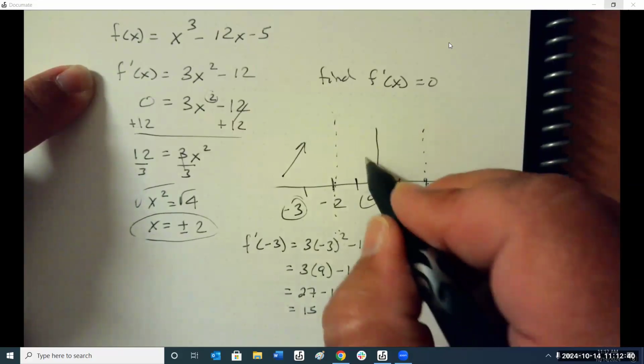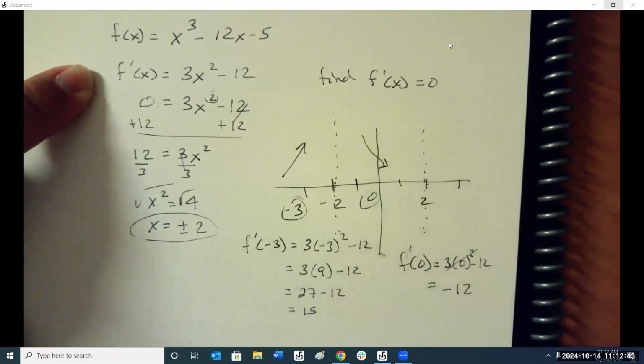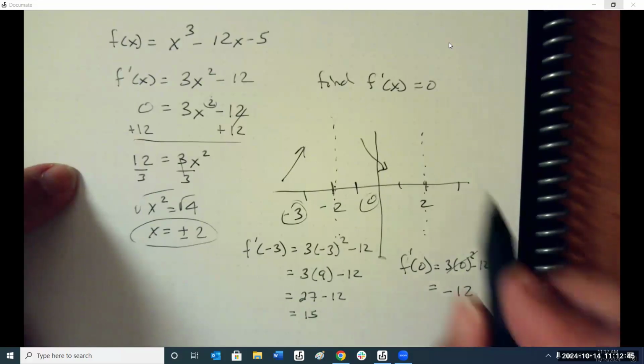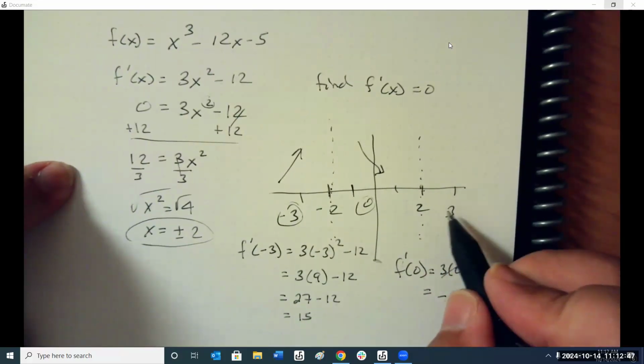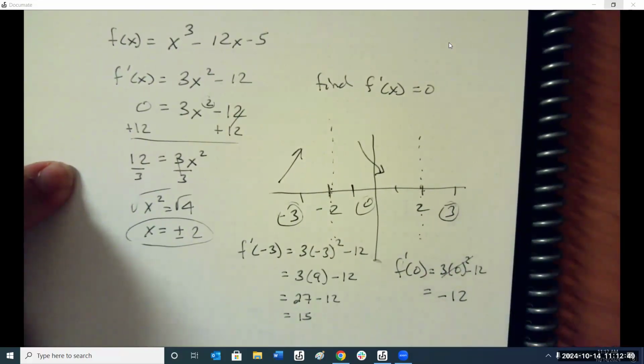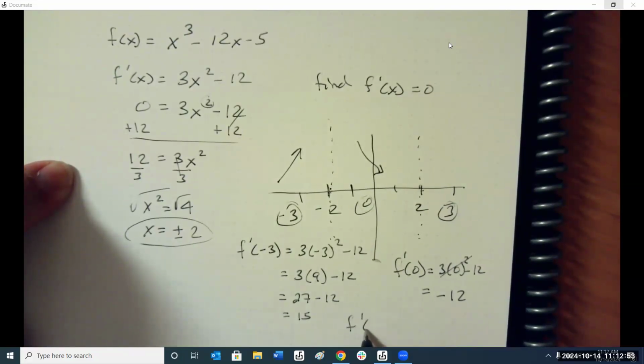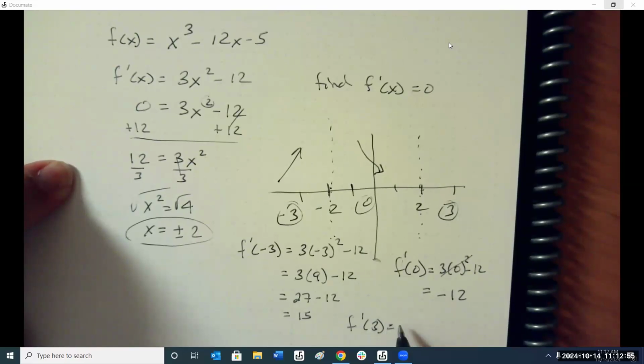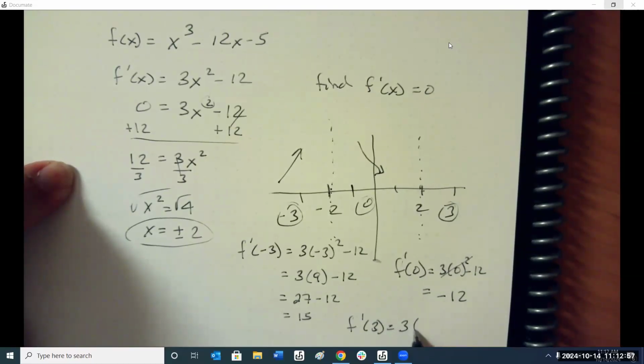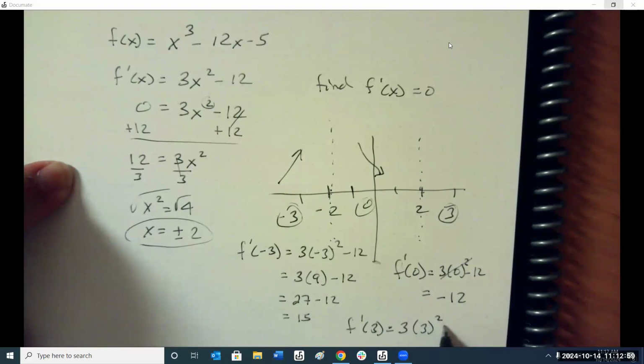Again, the first derivative is negative, so it's down. And then to the right of the critical value, I put in 3. So f prime of +3. 3 times +3 squared, 3 times 9. So it's going to be the same thing. It's going to be positive.